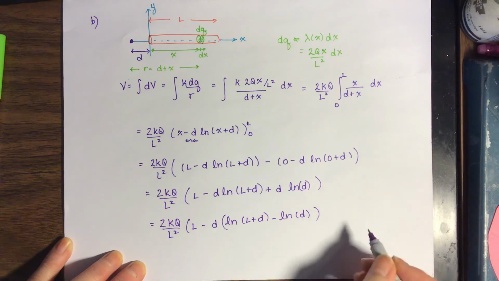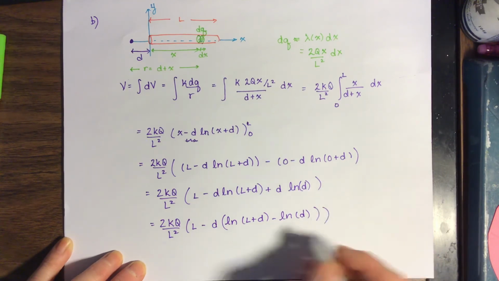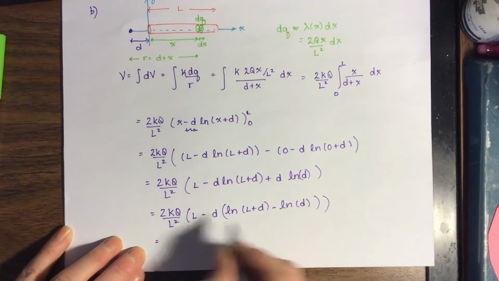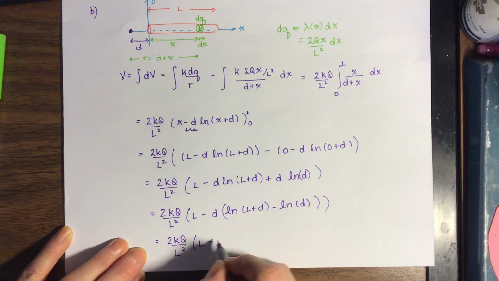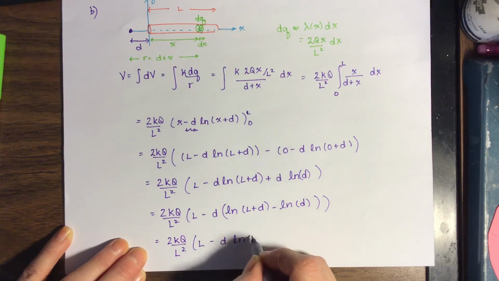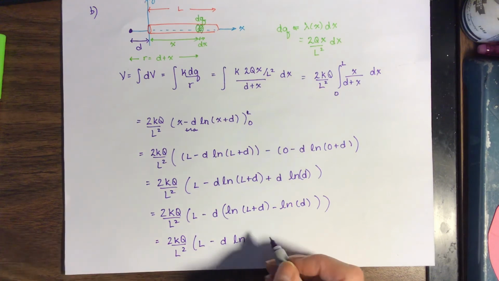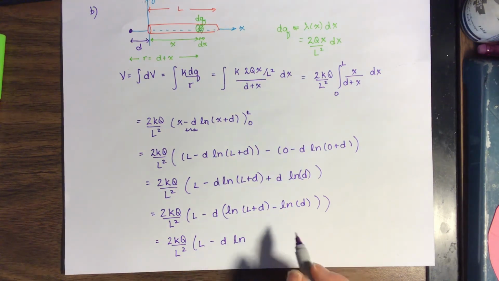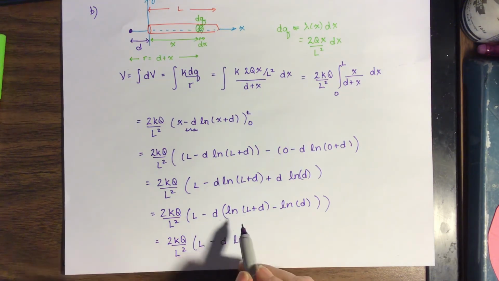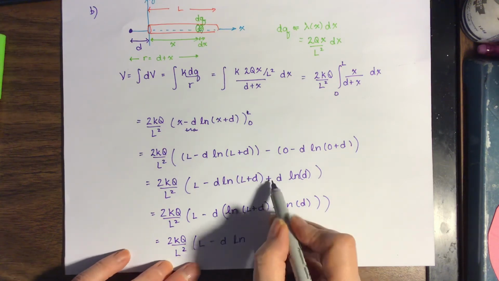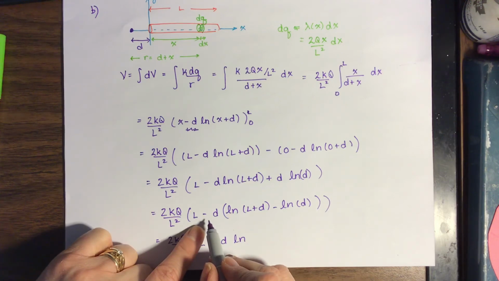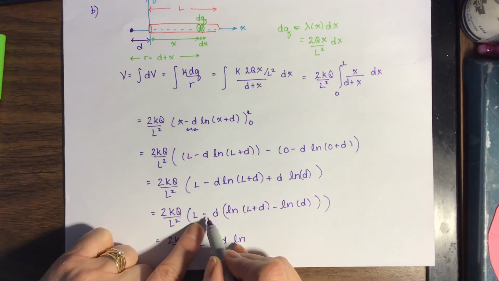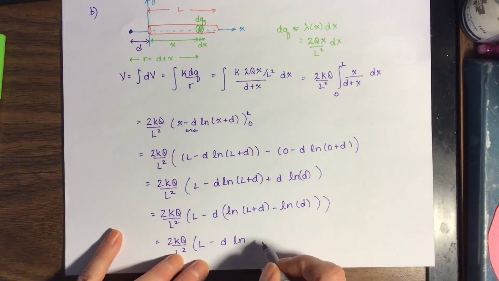And then I can remember the property that if I'm subtracting two log arguments, it's the same as the natural log of those two things divided. Oops. As I came to here, let's see, I've got minus here and plus there. Yep, that's okay.